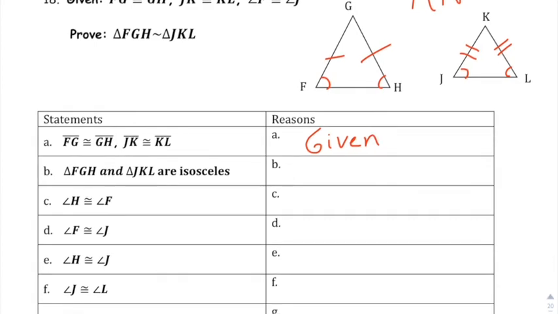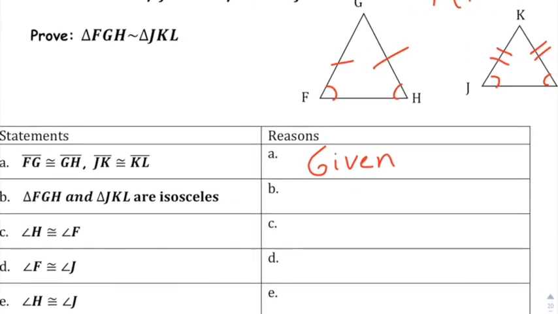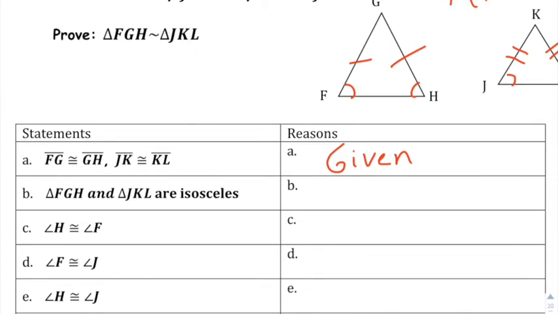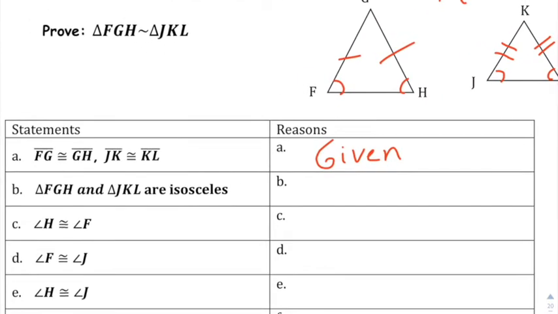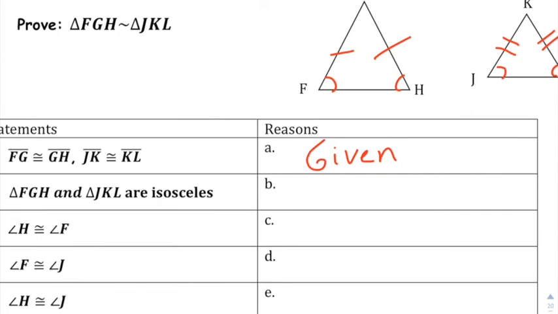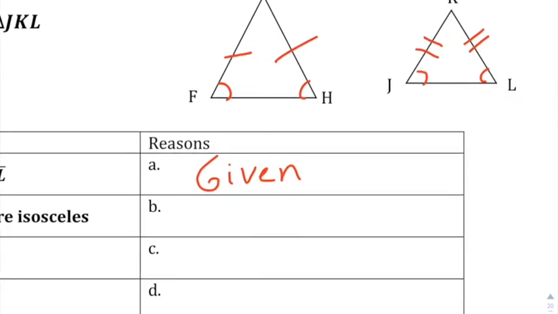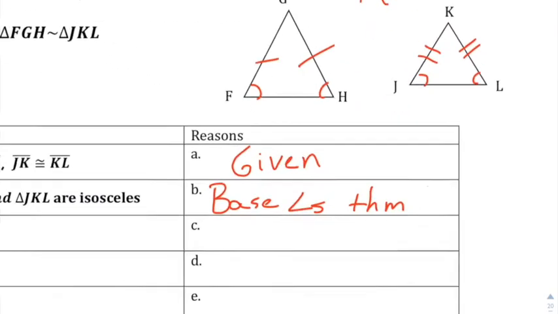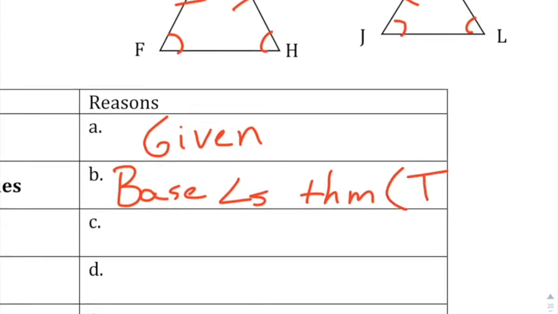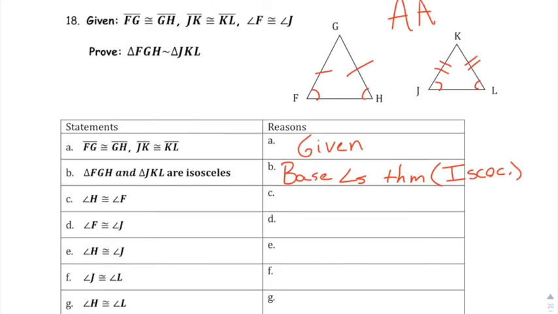We said that the two triangles were isosceles. As far as what we could write there, let's just say it's kind of like it's dealing with your base angles. And there's something called the base angles theorem that says if your base angles are congruent, then the triangle is isosceles. So I'm going to put base angles theorem for an isosceles triangle.